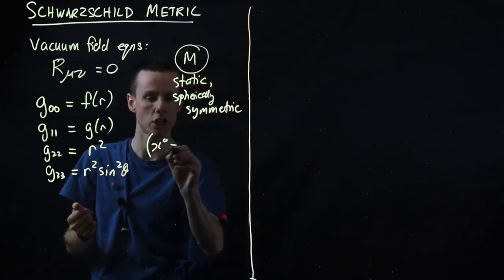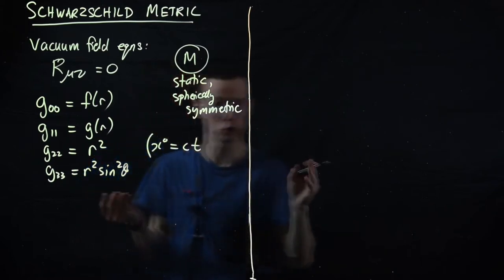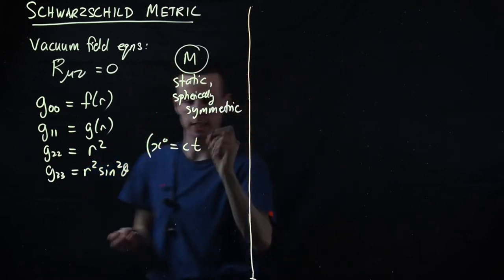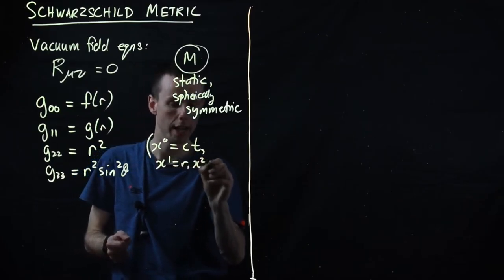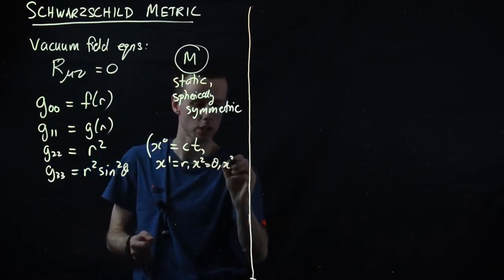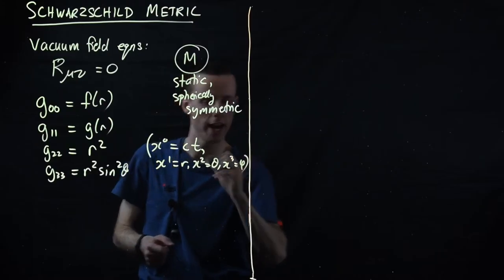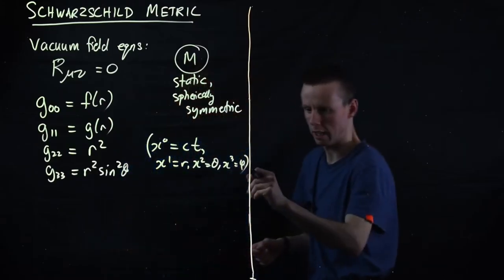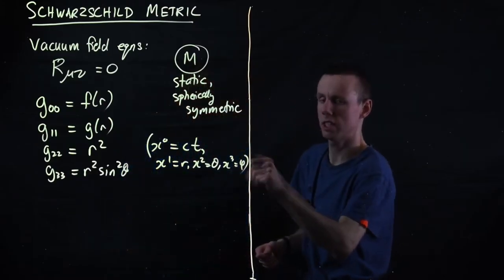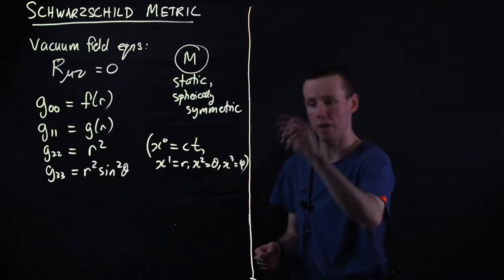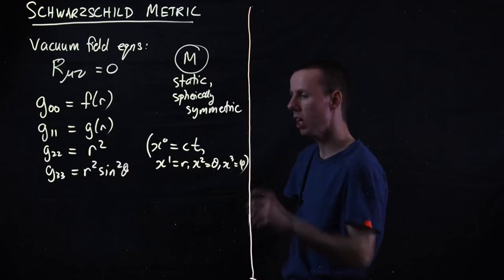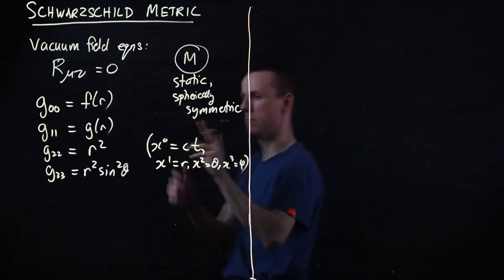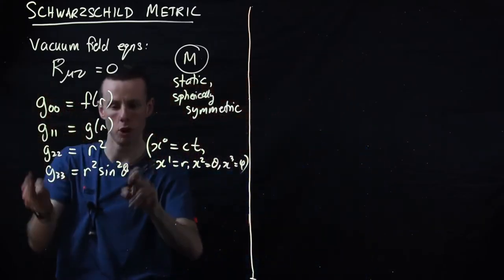So here x0, as always, is just ct, speed of light times time. x1 is r, x2 is theta, x3 is just an angle phi, and I'll use the fancy phi here, because I use the other phi, just the circle with the line through it, for gravitational potential.